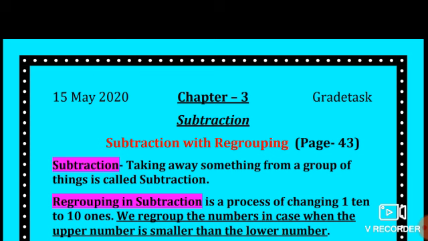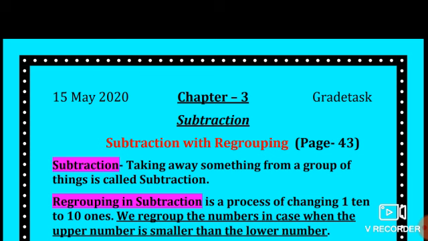Regrouping in subtraction is a process of changing 1 ten to 10 ones. We regroup the numbers when the upper number is smaller than the lower number. Regrouping in subtraction is not similar to regrouping in addition. It is different.